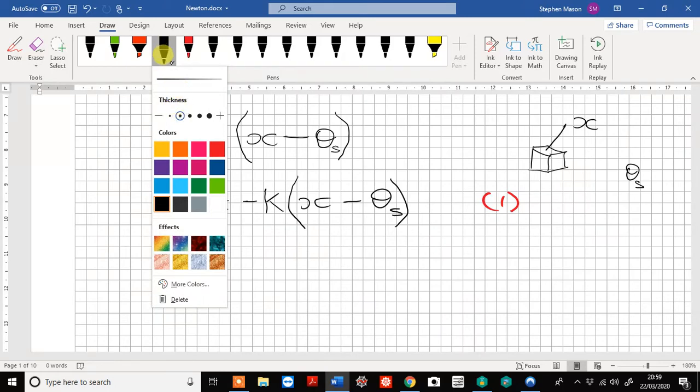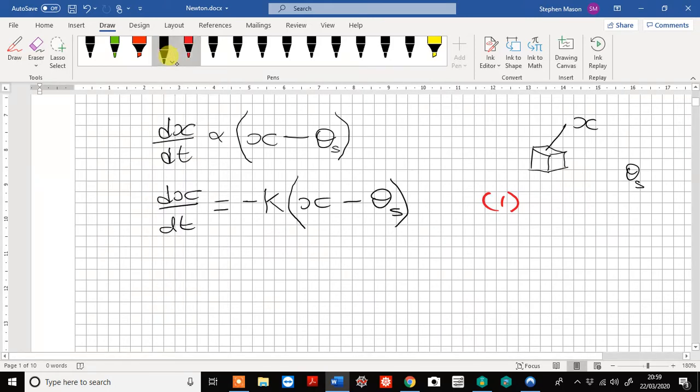Right, okay. So we can now go ahead and separate out the variables.